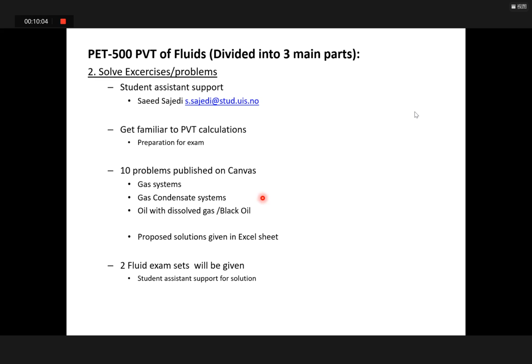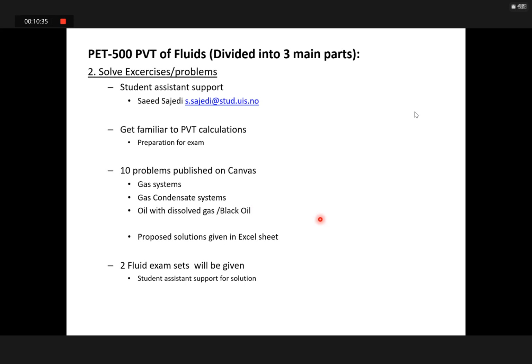So problem solving, as I said, we will go through it in the second hour next Thursday. There are 10 problems, and we will come up with a list of which type of problems you should look into. Some are linked to gas, some to gas condensate, some to oil with dissolved gas, and we give you an overview of that.